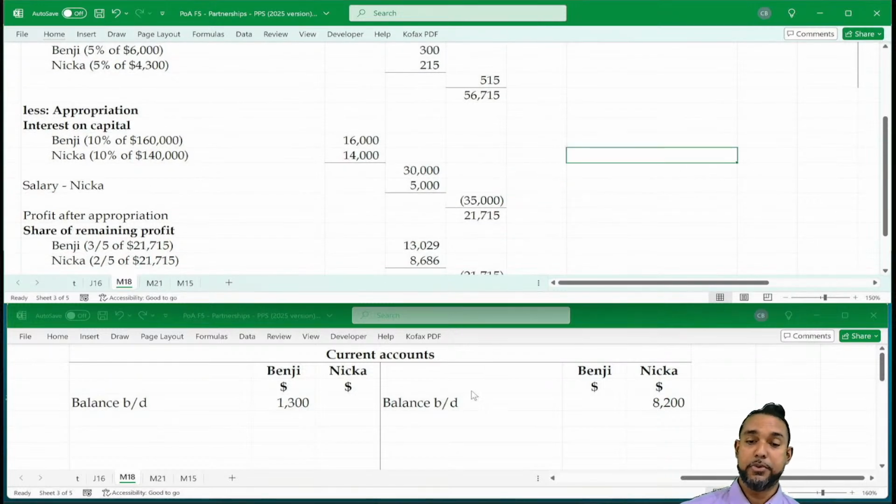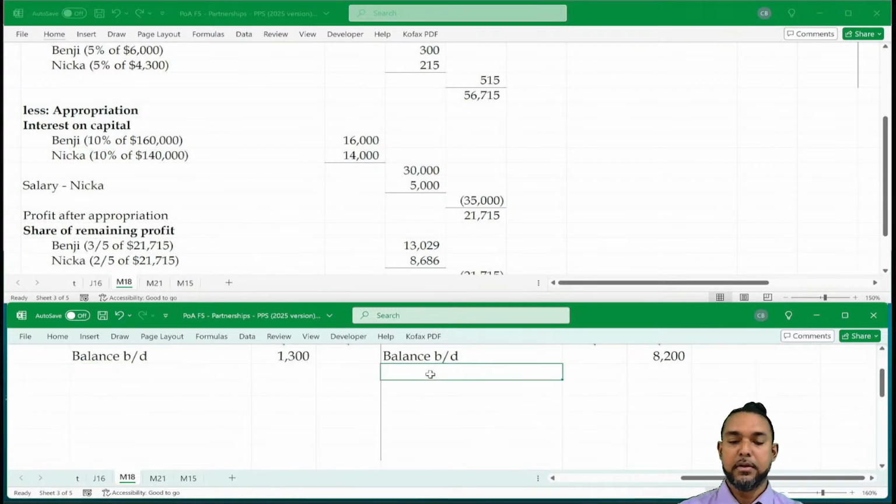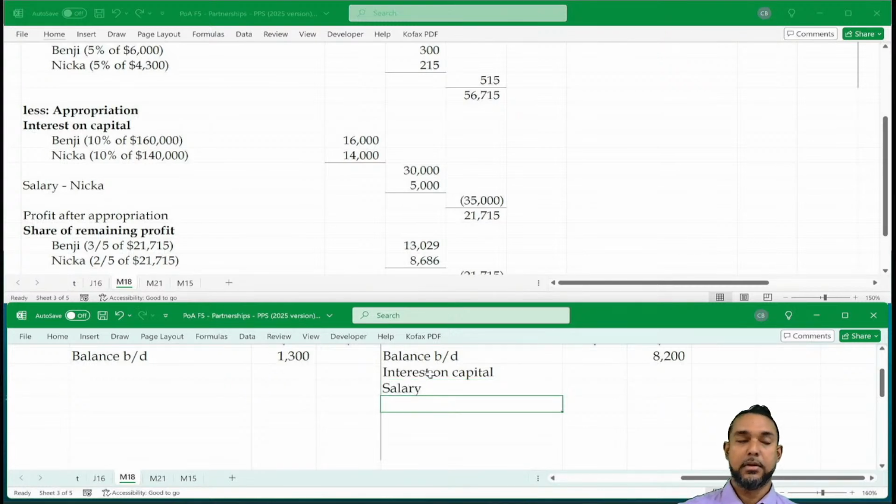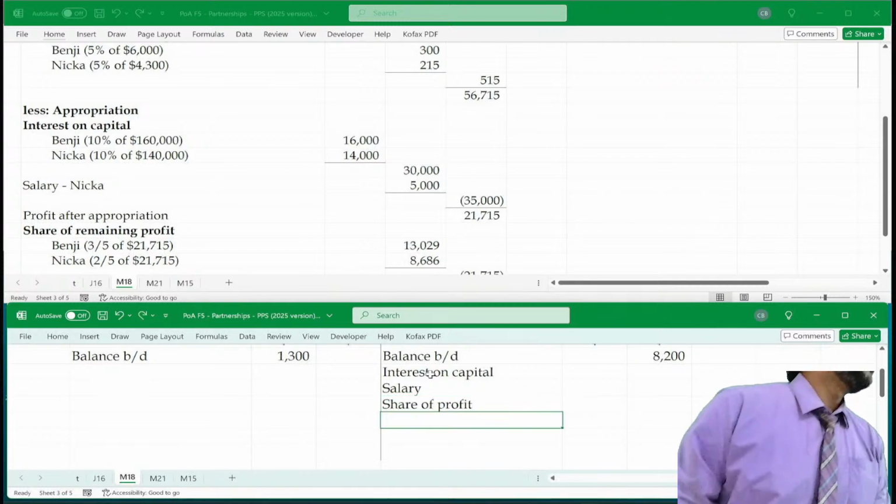As we know what's supposed to go in the current accounts, we're supposed to have the interest on capital on the credit side, also the salary, as well as the share of profit.